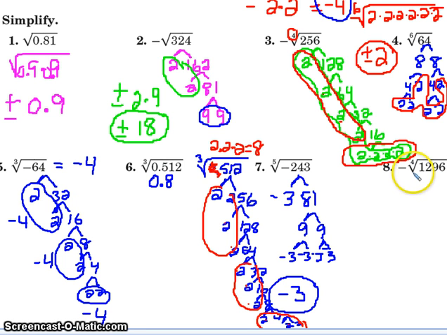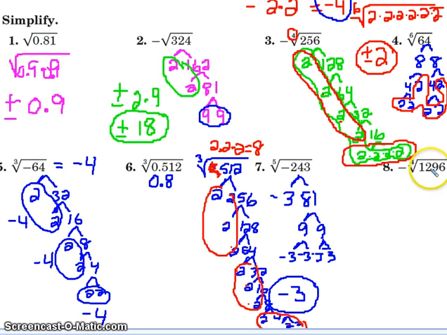Now, if we're taking the fourth root, we're looking for groups of 4. Now this negative on the outside doesn't do anything but make us negative. And honestly, it's a fourth root, so if you wanted to get real technical about it, you could go with the whole plus or minus thing. And so if I want to take the fourth root of 1,296, I know it's divisible by 2.